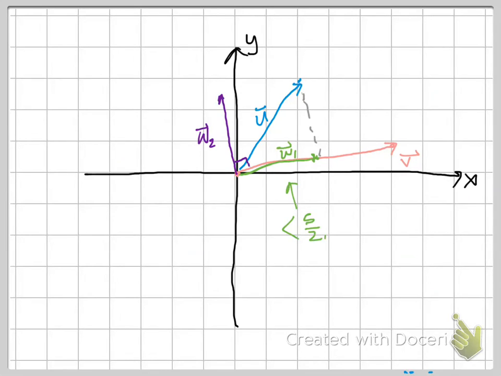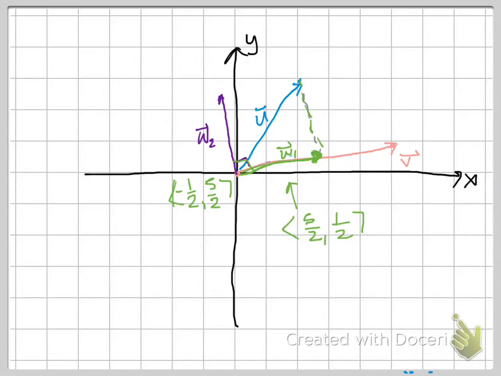Remember w1 was 5 halves, 1 half. w2 is negative 1/2, 5/2. And it's clear that if I were to shine a shadow here, this would give me w1.